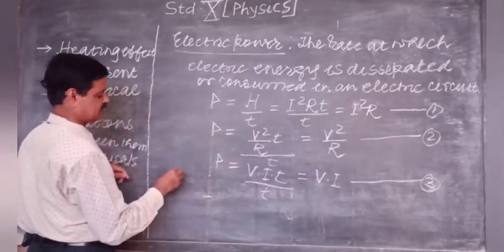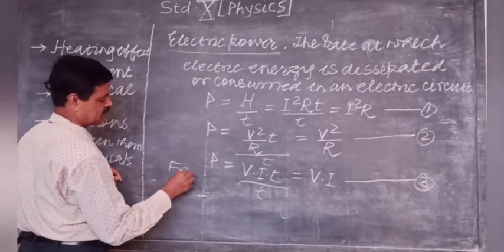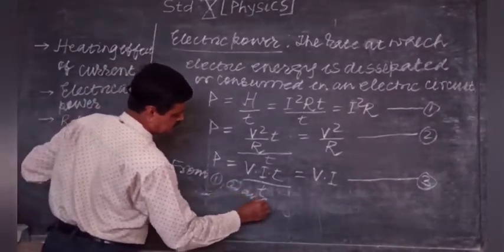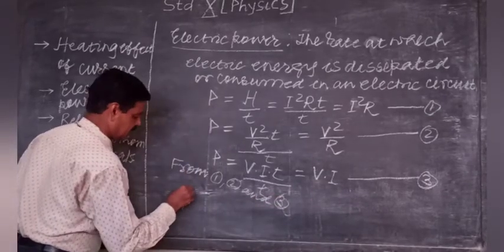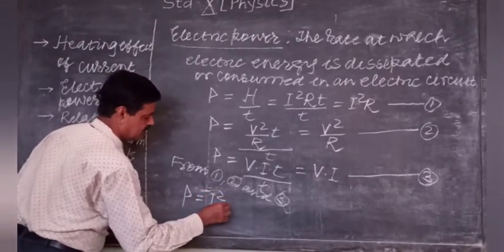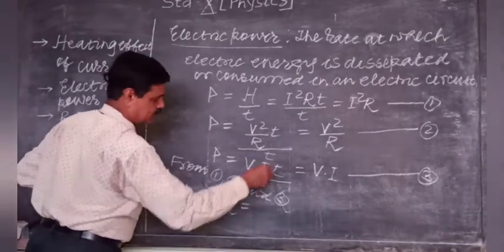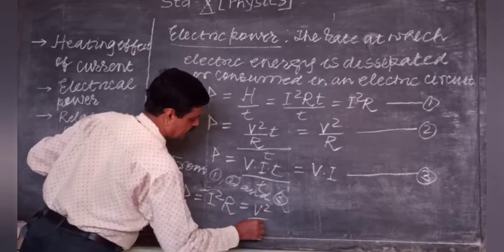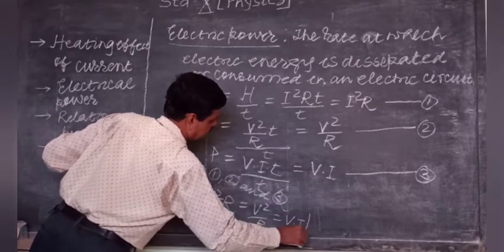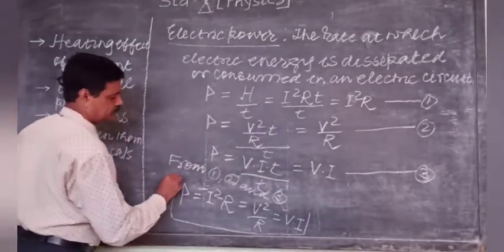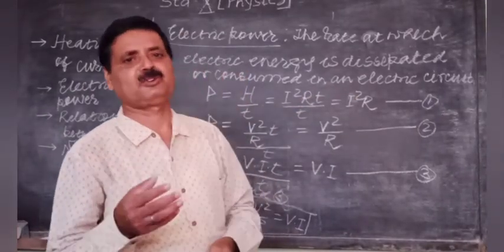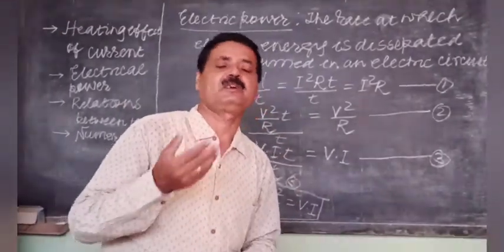From equation 1, 2 and 3, the final result we can write: P can be written as the first formula, I square into R. Second is your V square by R, and third one is V into I. We will use equation 1, 2 and 3 according to the need of the question, which item is given and which is to be obtained.